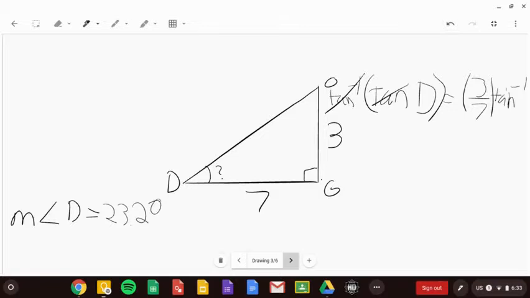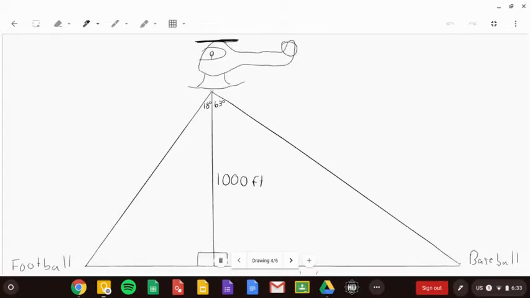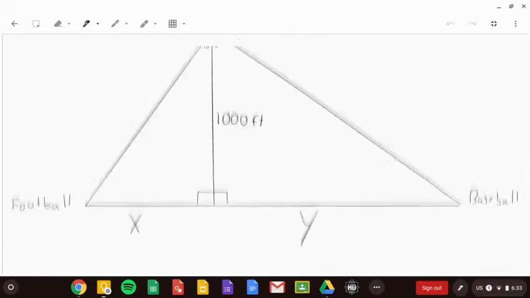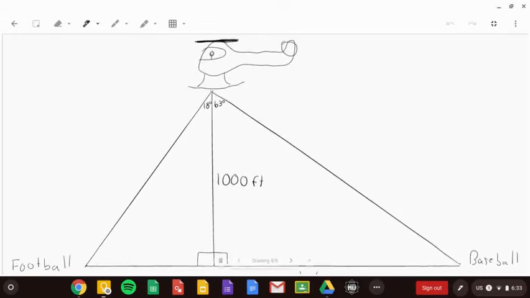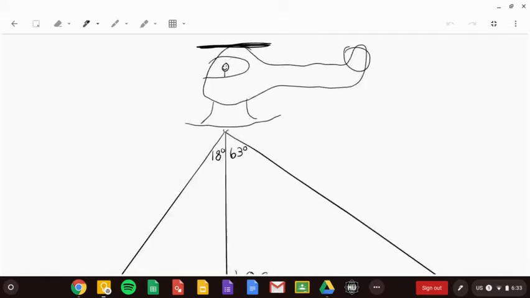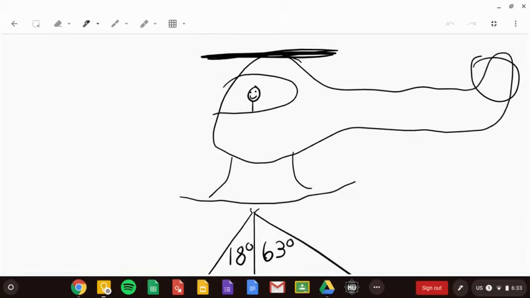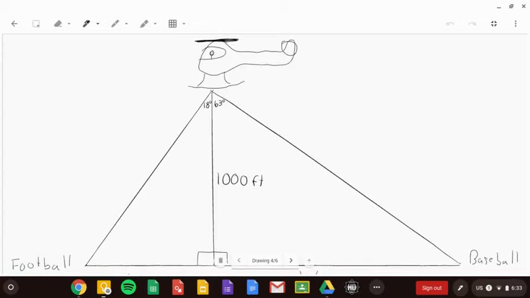I got my little helicopter up here and a little pilot. He's just chilling, just flying and stuff. So first, let me talk about the angle of depression and elevation.